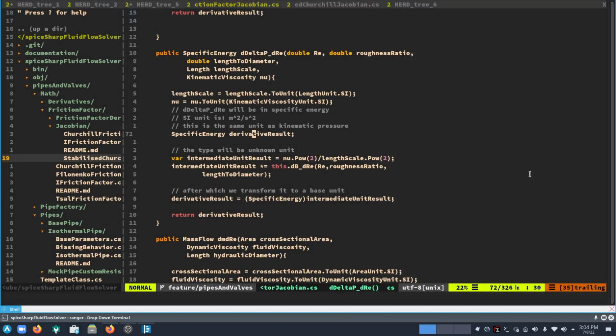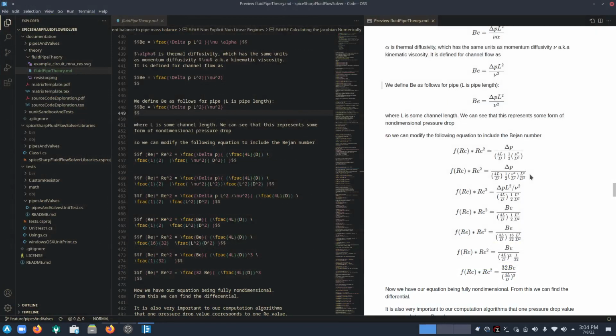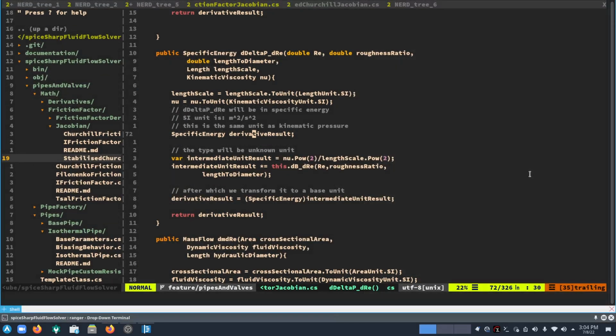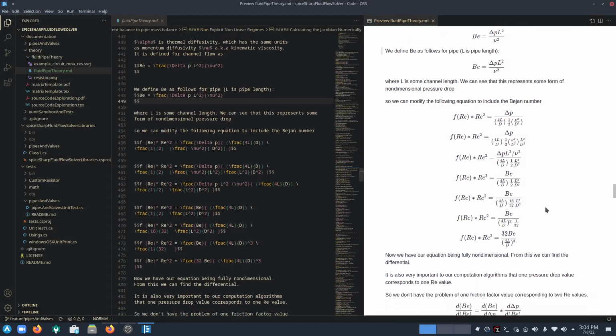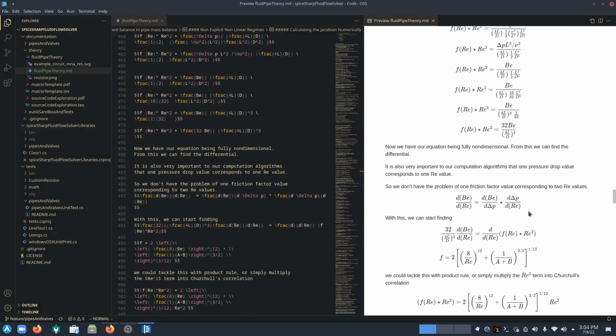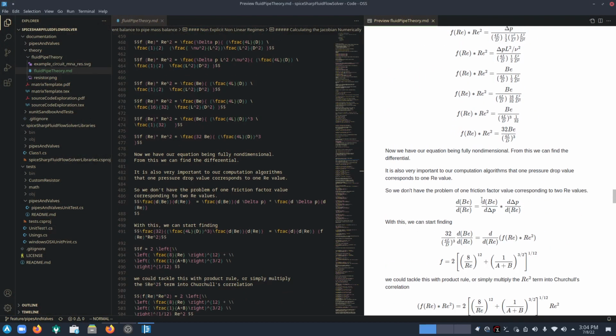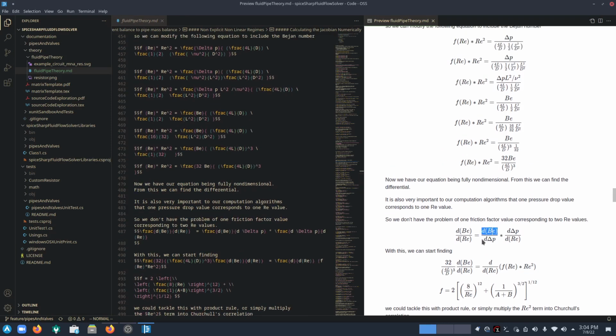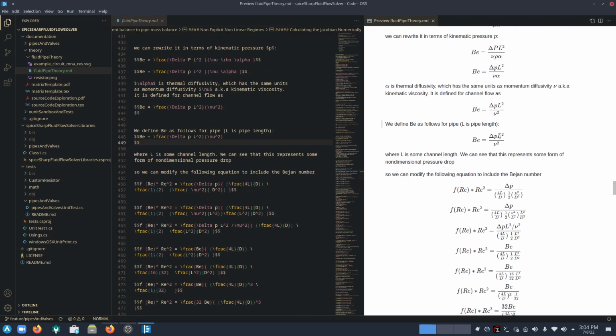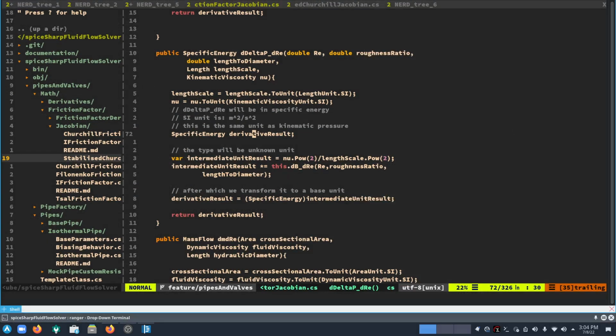Yes, d delta P dRe will have units of specific energy. Why? Because I'm actually dividing it throughout by dBE d delta P. So dBE d delta P has L squared over nu squared units. When I flip it around, it becomes a specific energy unit. So this is the final result for d delta P dRe.